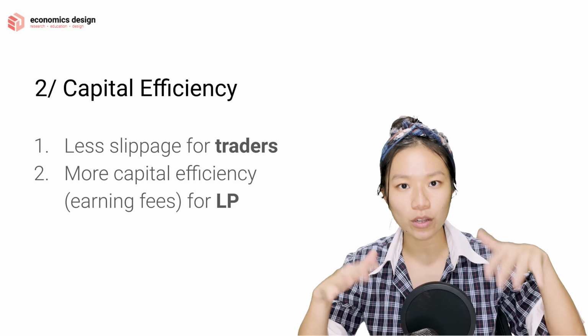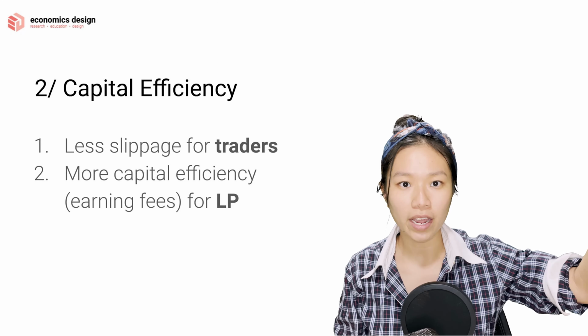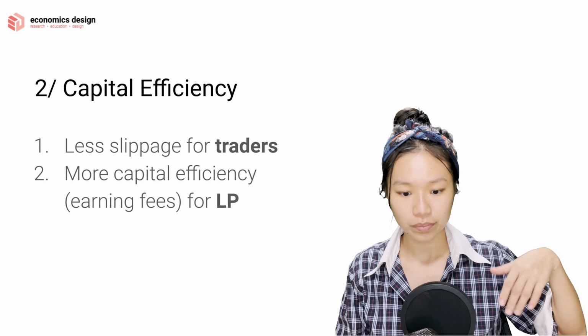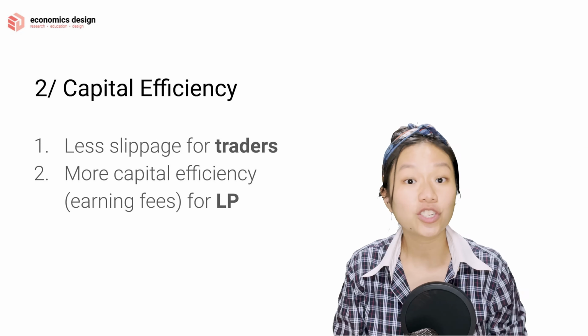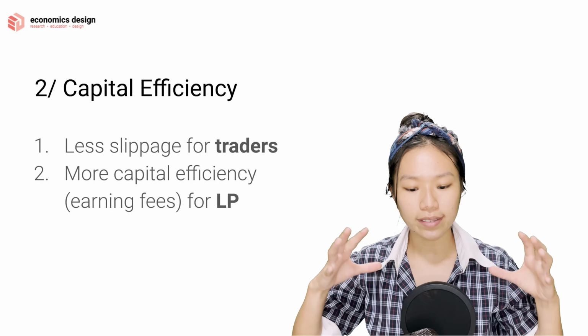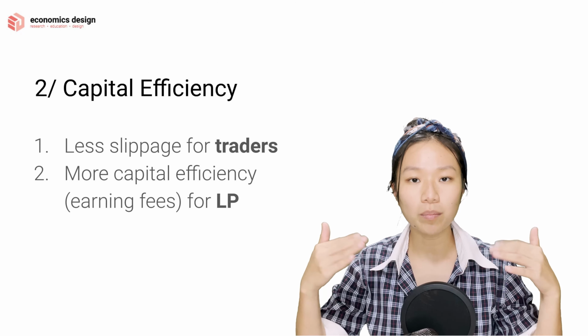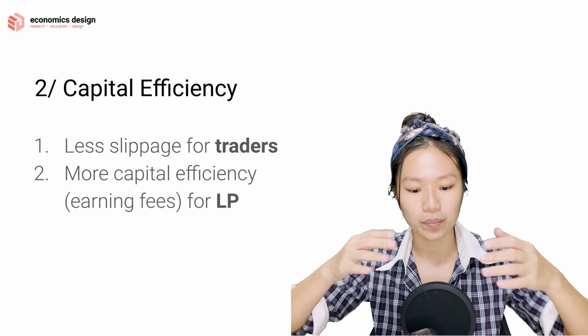And by providing liquidity for, let's say, $2, nobody is going to trade 2 DAI for 1 USDC. It just doesn't make sense. So by allocating some of your capital over there, it's just a waste of capital. It's capital inefficient. So this is what it's doing. It's more capital efficient for liquidity providers, so you get to earn more fees by providing liquidity in that range that you're comfortable with.